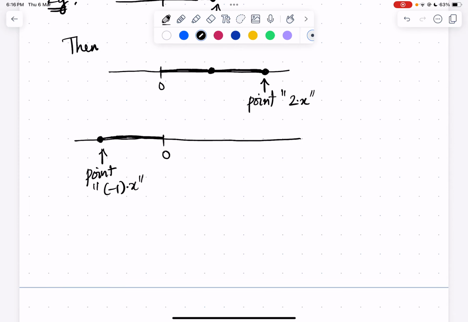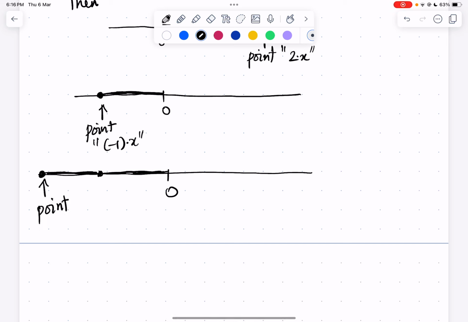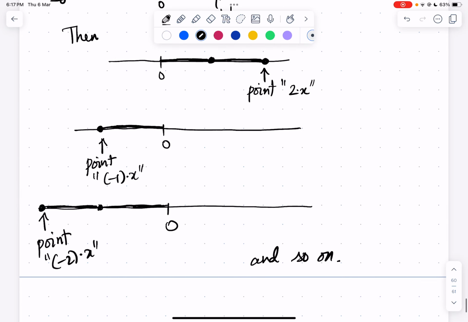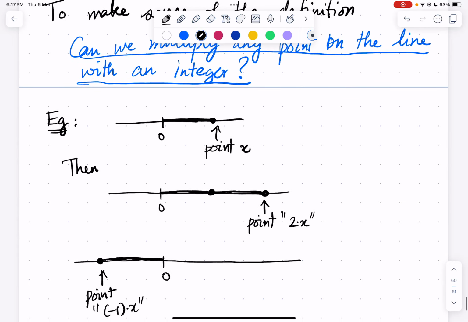And you can even extend like this, this point will be minus 2 times x, and so on. So this is a positive point times any integer. This is how we define multiplication of a point by an integer.